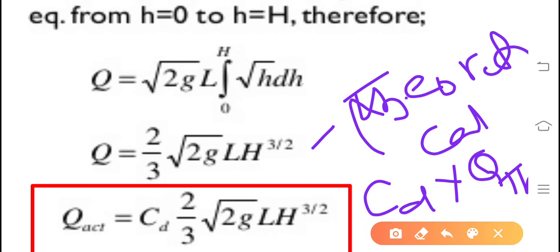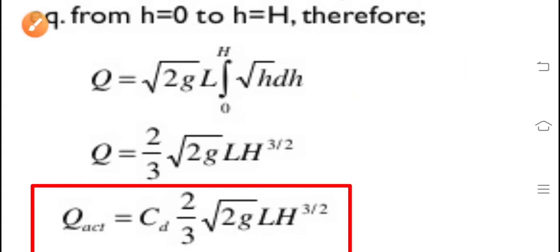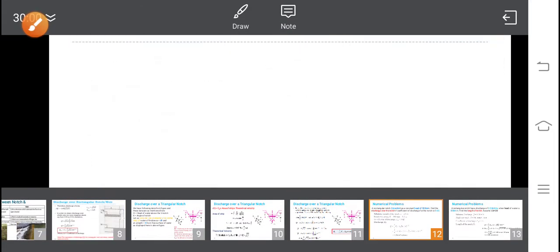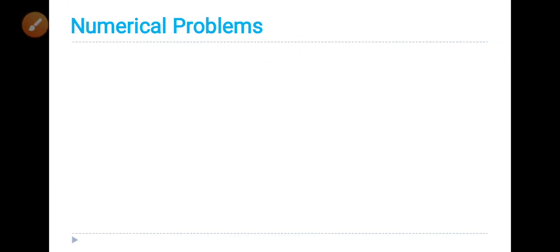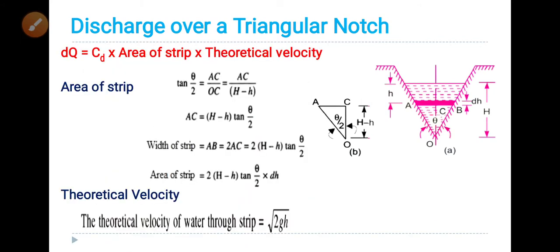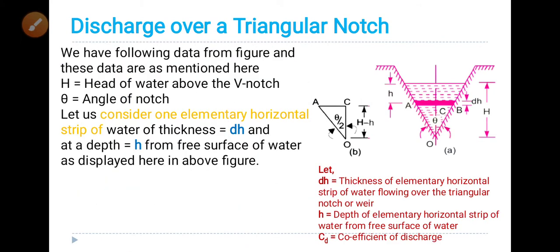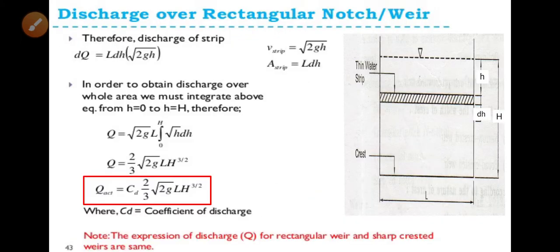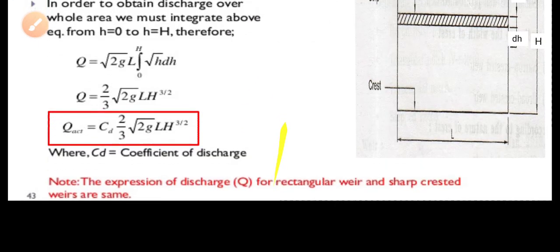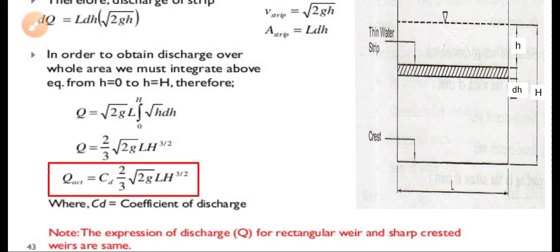Therefore, CD 2 by 3 under the root 2g L H to the power of 3 by 2 is the total discharge in case of a rectangular weir or notch. Note: the expressions of discharge Q for a rectangular weir or sharp crested weir are the same.